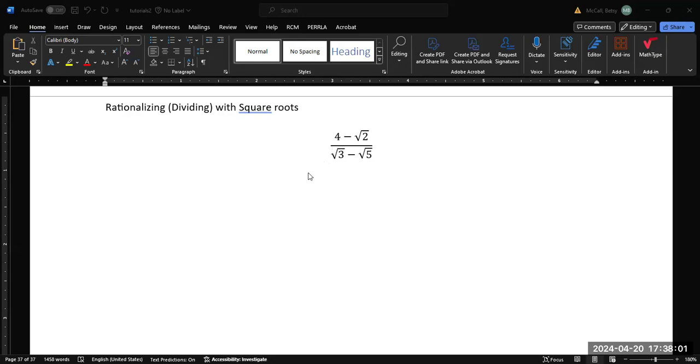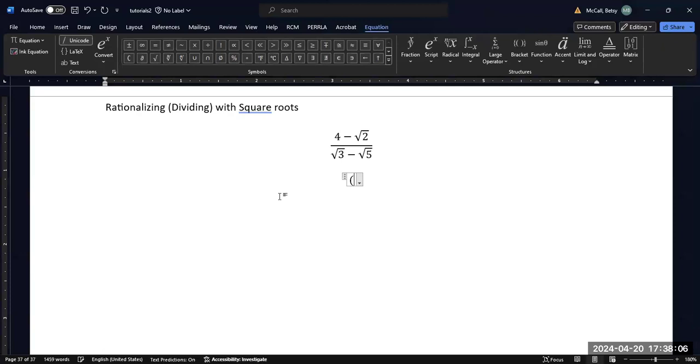Now, the trick that we're going to employ has to do with the difference of squares formula. So if you remember that a minus b times a plus b is going to give me a squared minus b squared. And so that's going to be the trick that we're going to use, because we want to be able to essentially square the square roots so that they disappear, but without introducing any new square roots that we have to deal with.